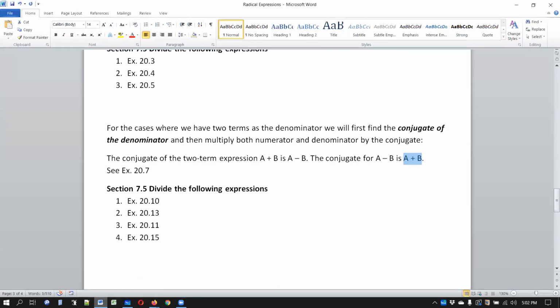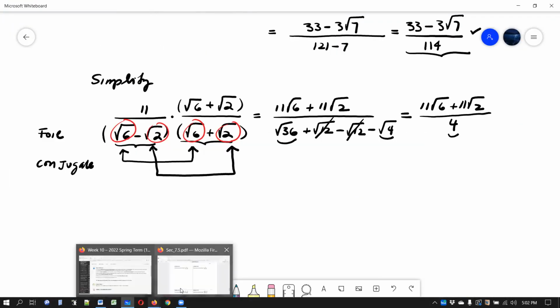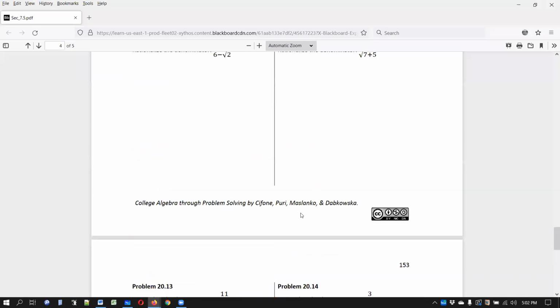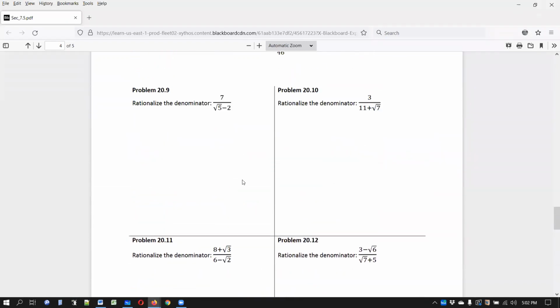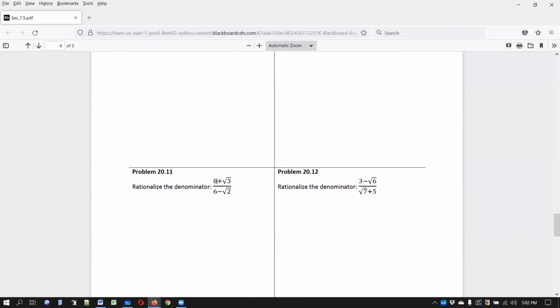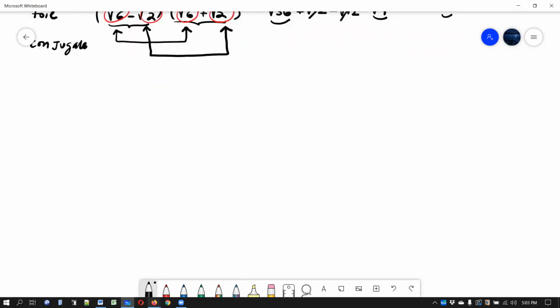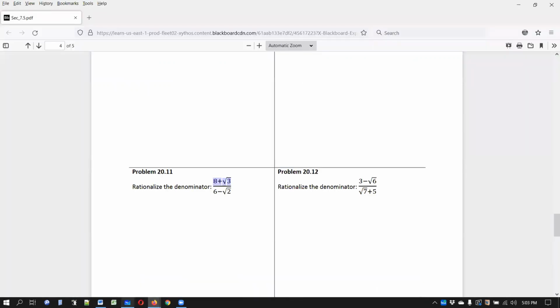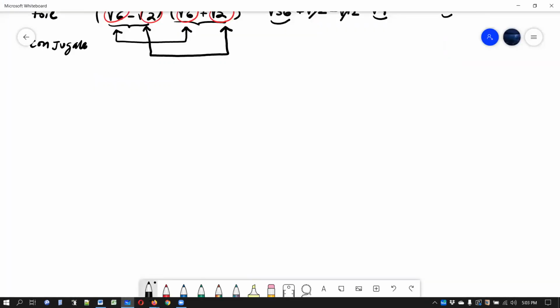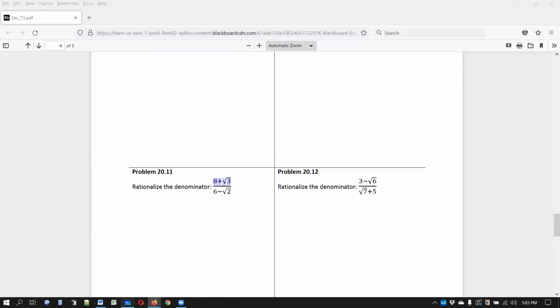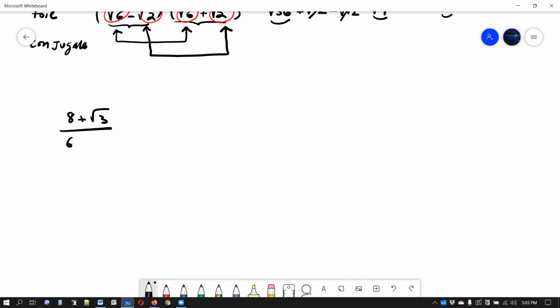So let's see the next one, 20.11. We can do 20.11, but 20.11 is similar to that. But in this case, we have two terms in the numerator. Which is a little bit more complicated than the other one. So 8 plus radical 3 over 6 minus radical 2.